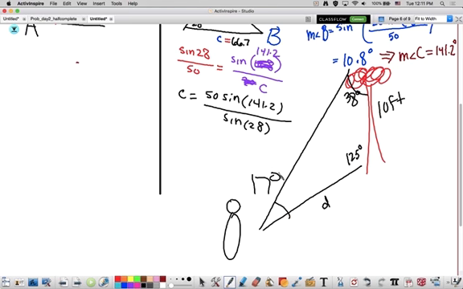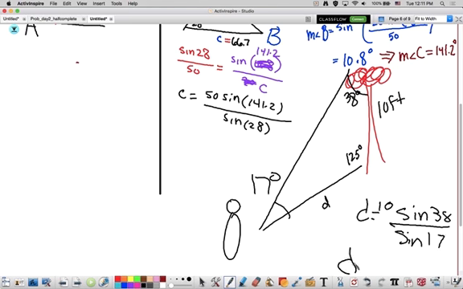And then from there, you could use the law of sines, which will allow you to get D. If you simplify and go through the steps of the law of sines, you'll eventually get D equals 10 sine 38 over sine 17.